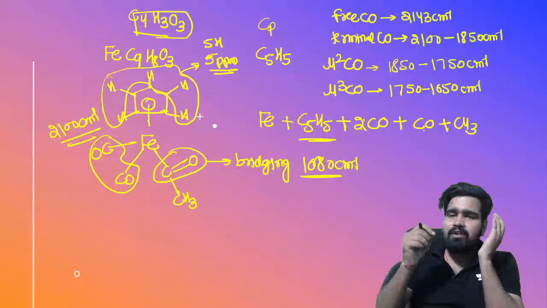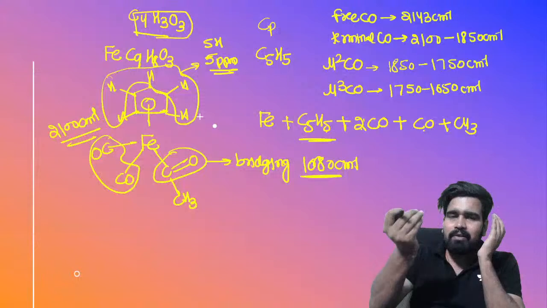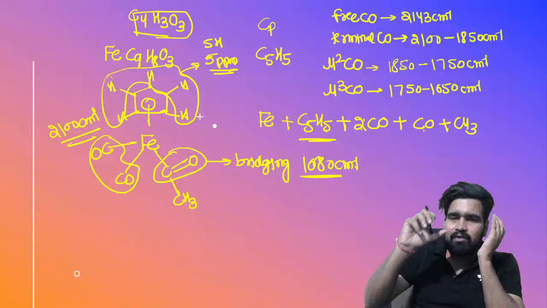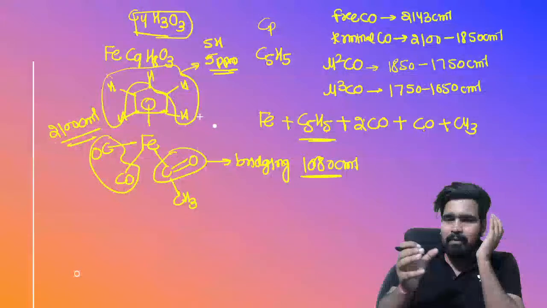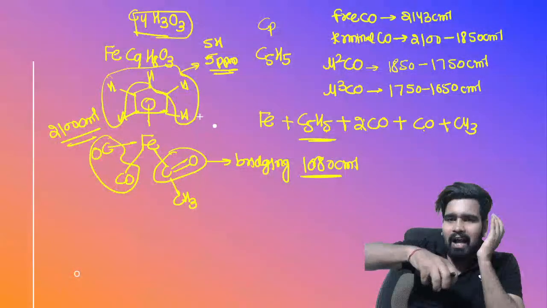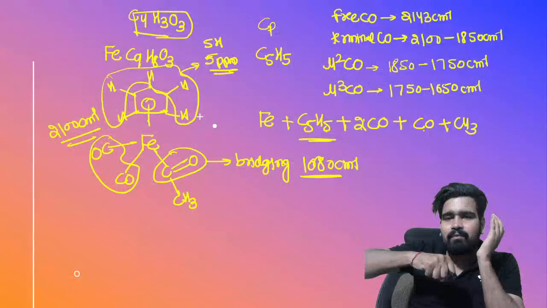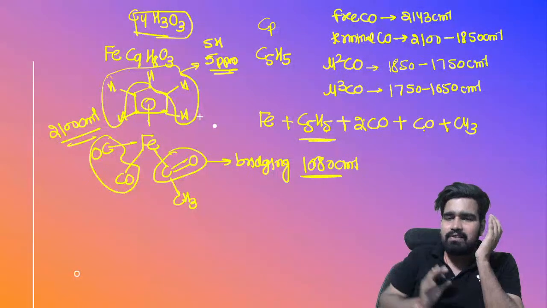Firstly, the metal can join with carbon number 1, then carbon number 2, then 3, then 4. But in the case of eta 5 Cp, all the 5 carbons are joined with the metal iron simultaneously. That's why all the 5 hydrogens are equivalent in nature.